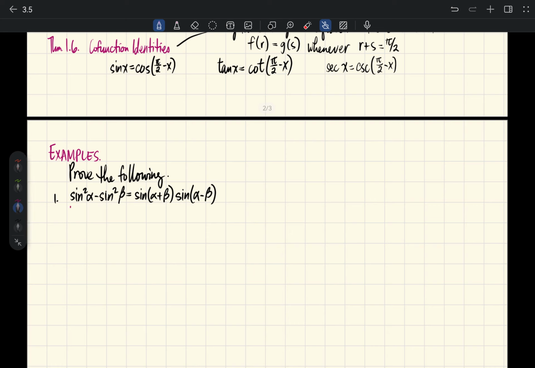So let's start with the right side and finally show that this one is just equivalent as the one that we started with. So we have here sine of alpha plus beta times sine of alpha minus beta. So by theorem 1.4, we will use here the sum and difference identity for sine.